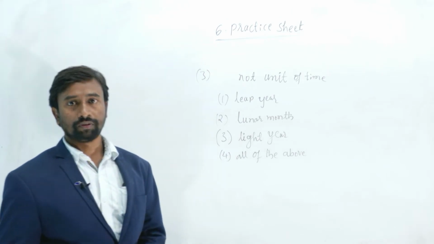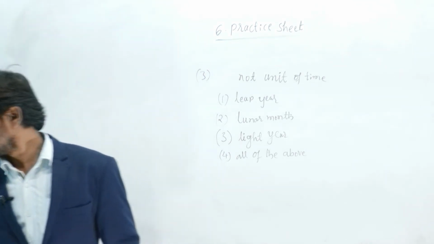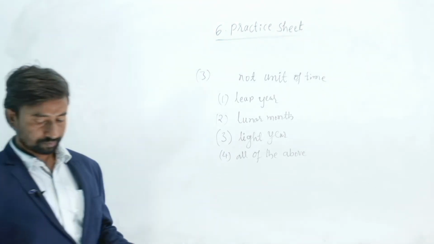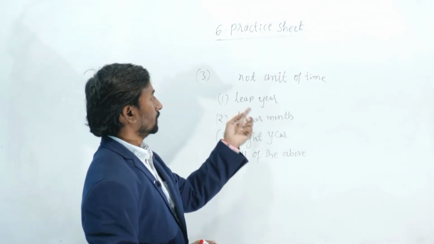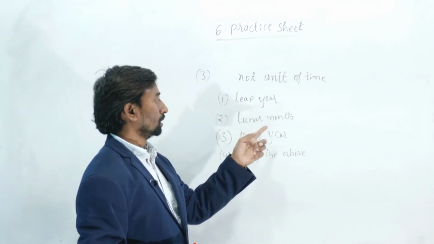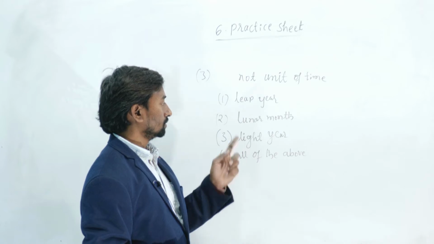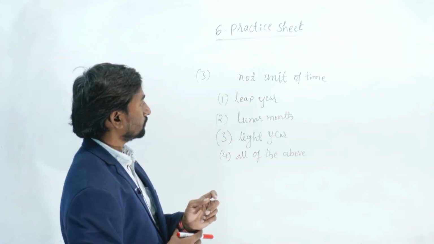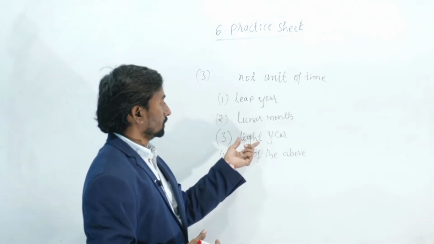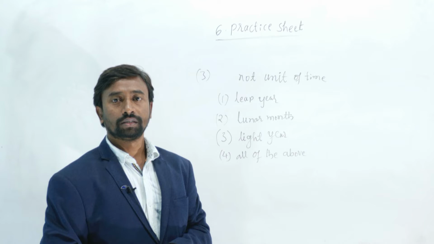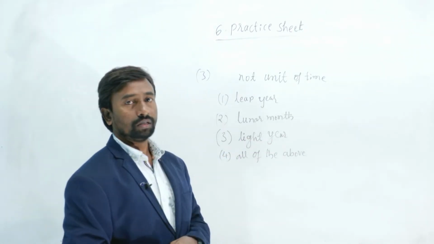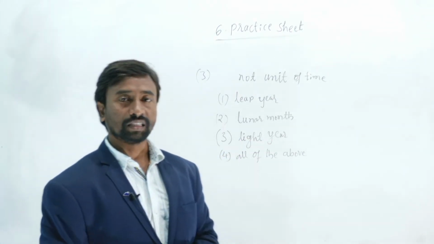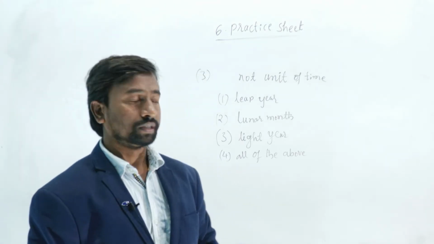Okay, so now from that, this is a leap year, it is related to time. Lunar month is related to time. Light year is nothing but related to distance. The distance traveled by light in a year is called a light year.